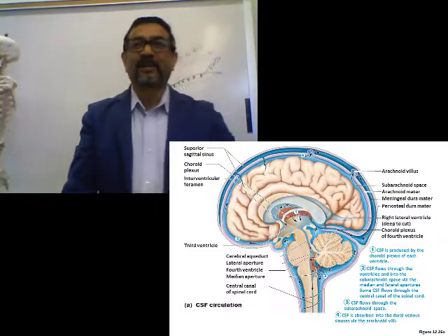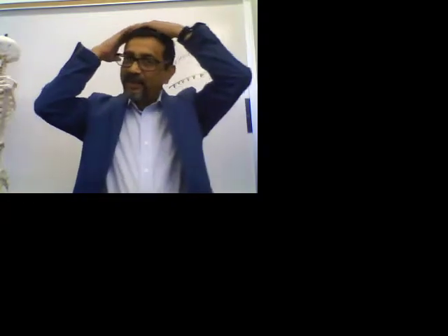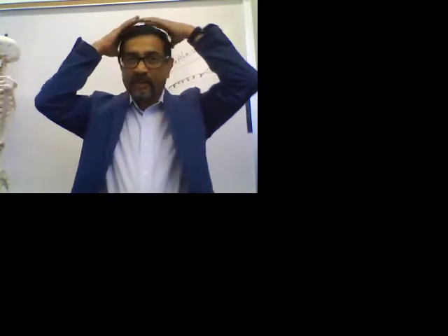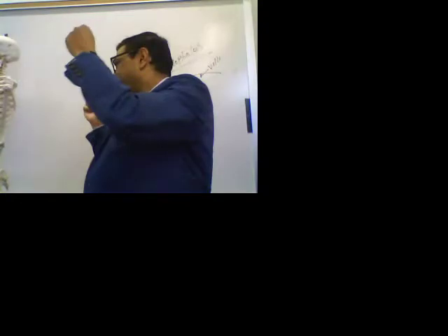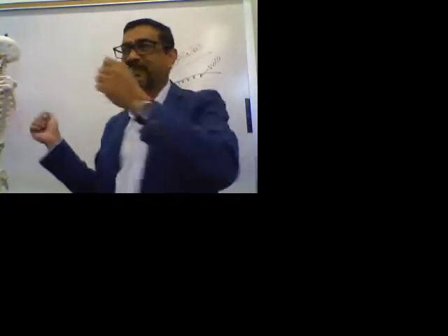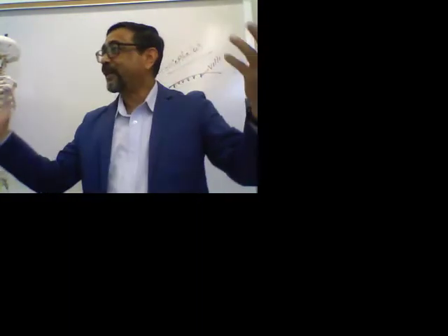Just think, if there is no fluid around your brain, when you suddenly shake your head or move your body suddenly, what would happen? The brain would hit the hard skull, right? Because there is no fluid. Every time you suddenly move, there is a chance that your soft brain would hit the skull, the hard bone, and that will cause damage to the brain.